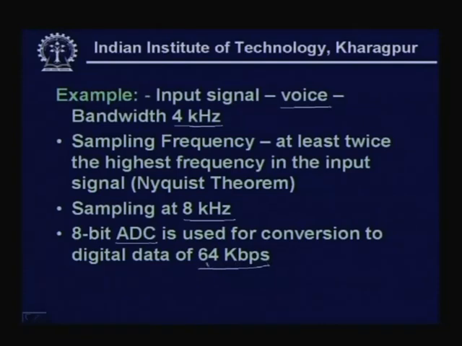So, you see a voice of 4 kilohertz bandwidth, whenever you convert it into digital data, has a 64 kilobits per second data rate. This has to be properly encoded by line coding and then sent over the transmission media.